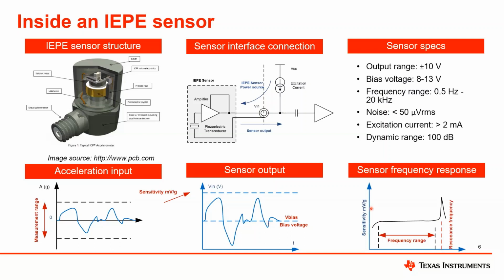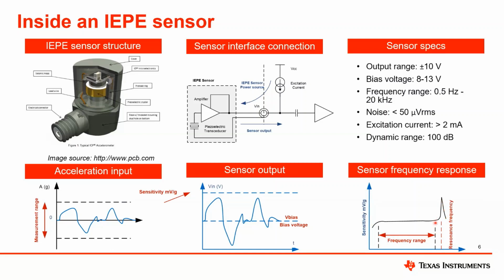As we can see on the bottom right here, we have the frequency response of the sensor, which shows a flat response over the frequency of operation, going down to fraction of hertz up to 15, 20, or 30 kilohertz, followed by a resonance frequency of the sensor itself.